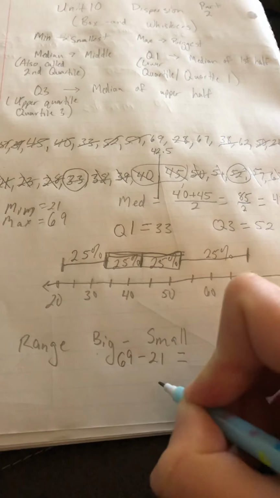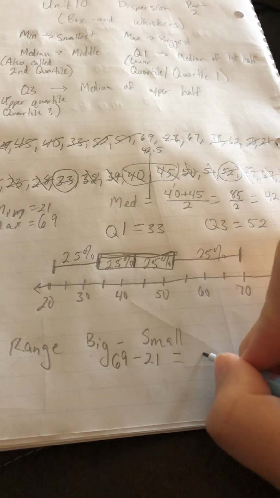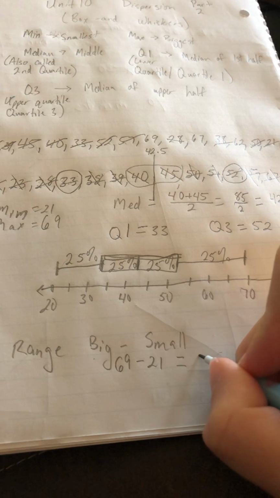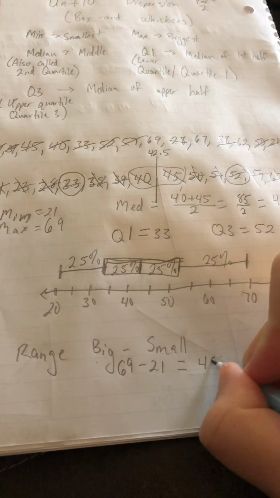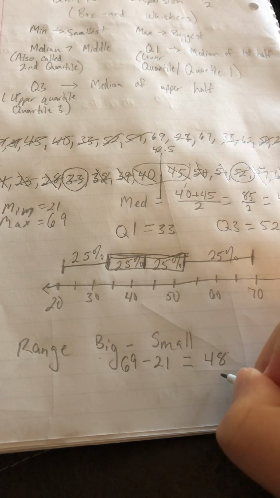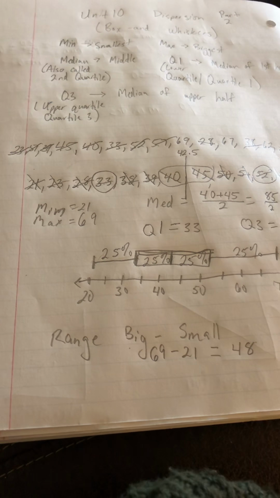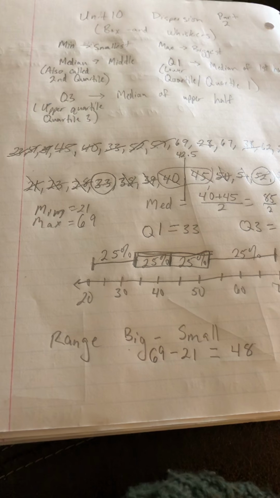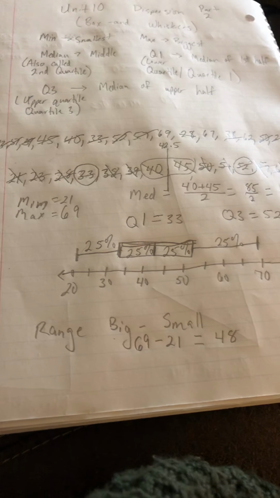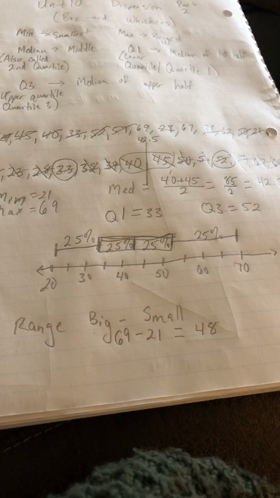So the range for that data, 48. Is that right? 9, yep. Okay, so that's what you have to do to find the range. You subtract your big number minus your little number.